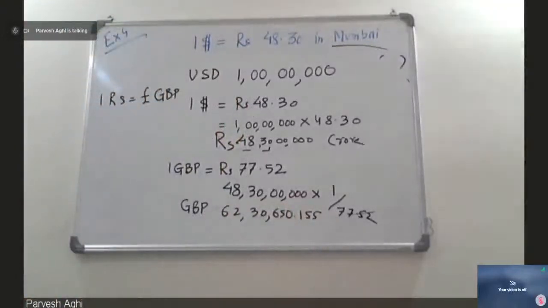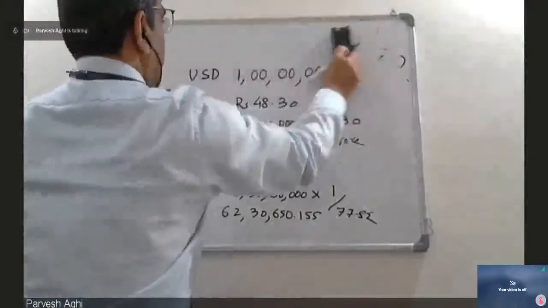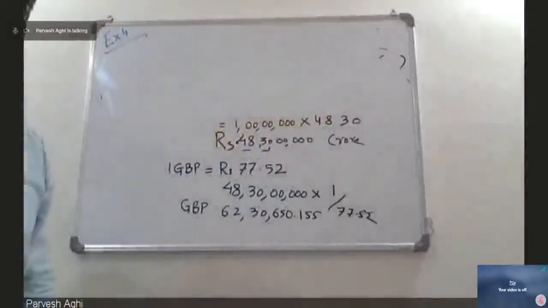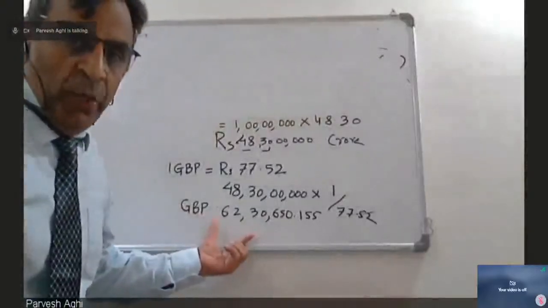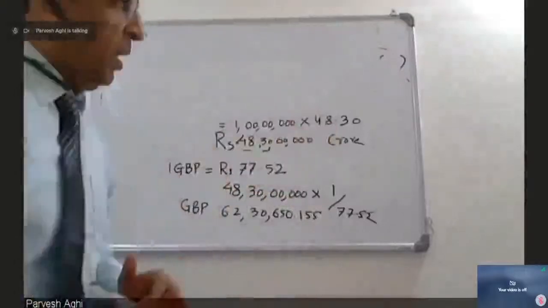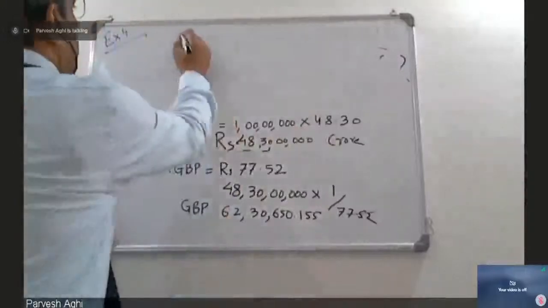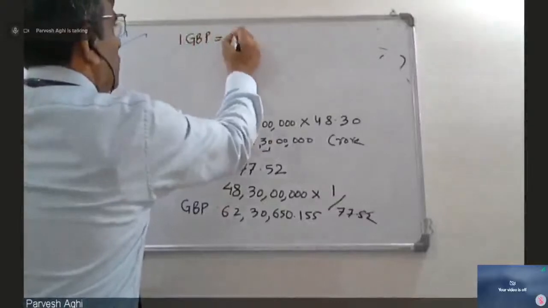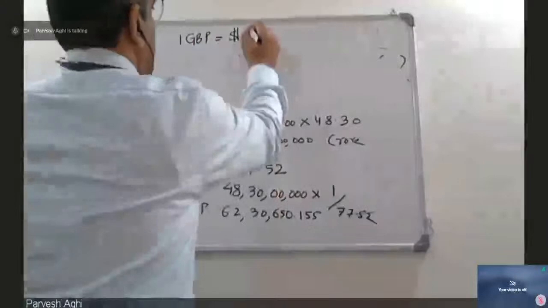Okay, so I will just rub from here and solve the rest of the portion here. Okay. So now I have got these many pounds. Now I am going to convert these pounds into dollars, and let's see how many dollars I get. Okay, and we know that the quote is given that 1 Great Britain pound is equal to how many dollars? It is given 1.6231.